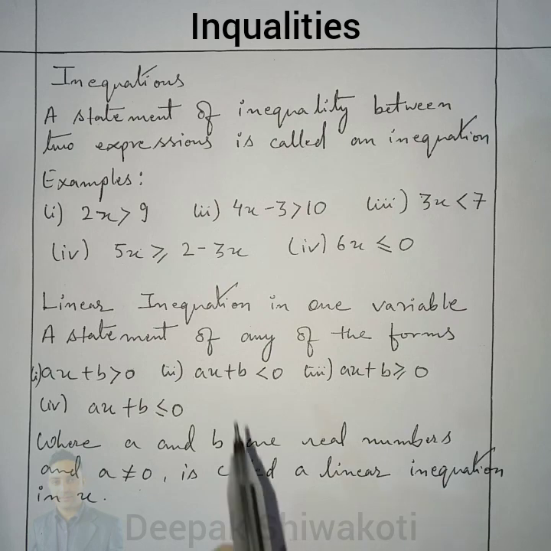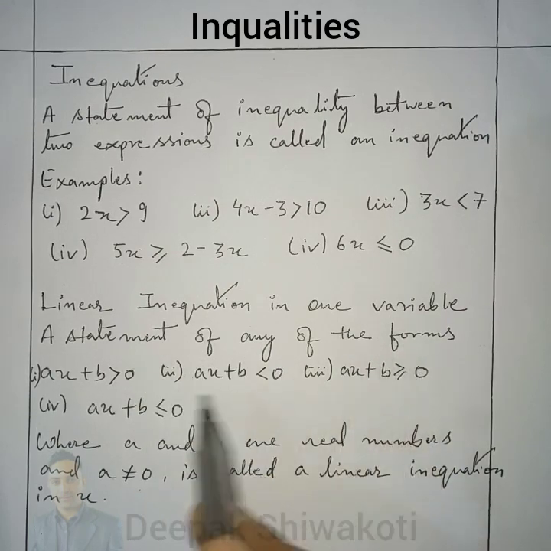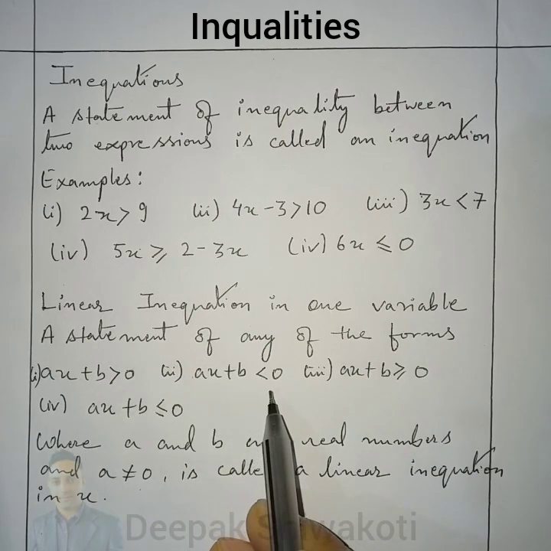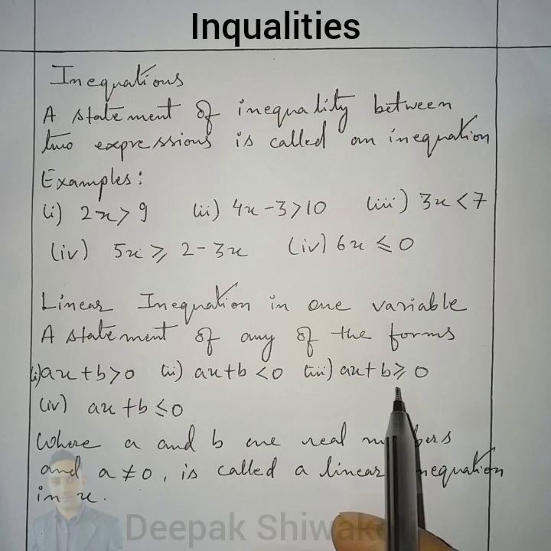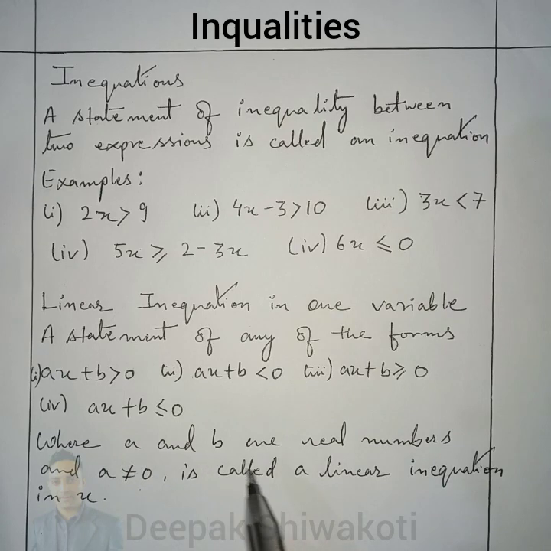Linear inequation in one variable. A statement of any of the forms ax plus b greater than 0, ax plus b less than 0, ax plus b greater than or equal to 0, ax plus b less than or equal to 0, where a and b are real numbers and a is not equal to 0, is called a linear inequation in x.